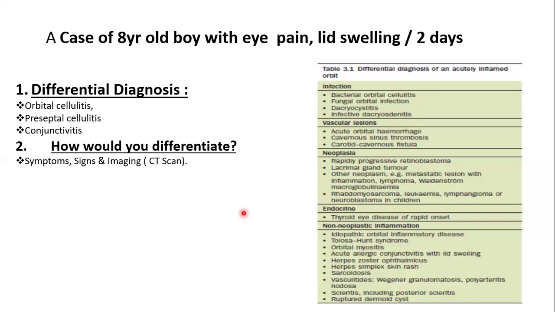That's first thing regarding the imaging. Usually, orbital cellulitis patients will have more toxic presentation with high fever, lethargy, and definitely proptosis, limitation of extraocular motility, as you mentioned, affection of the optic nerve because of compressive optic neuropathy, decreased vision.